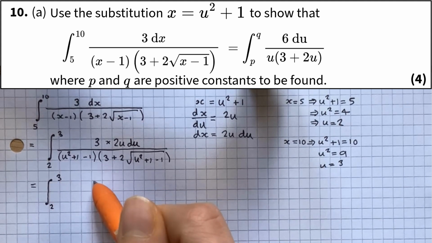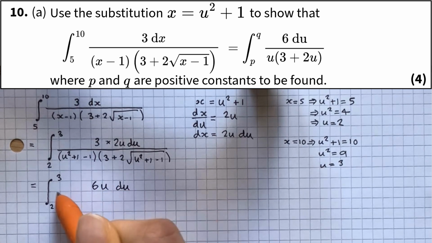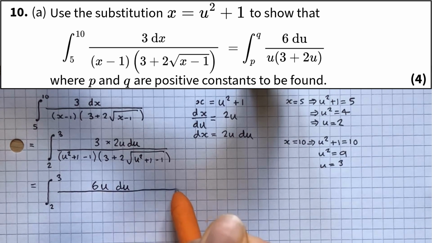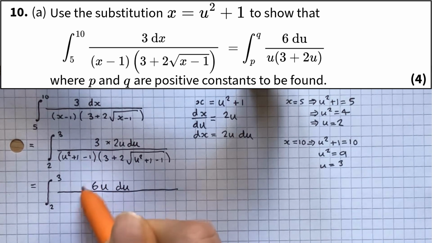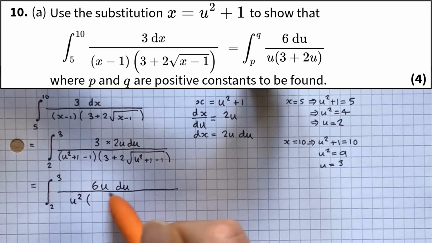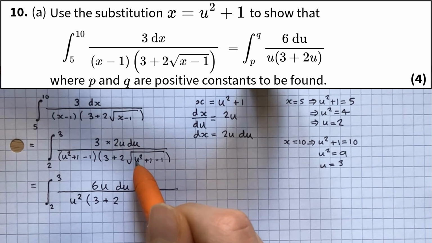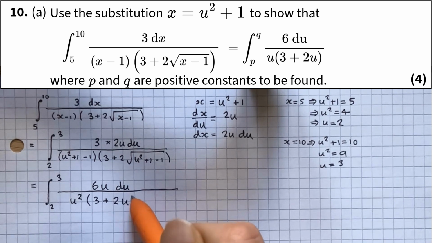So let's simplify a bit. The numerator will be now 6u du, and then in the denominator, the 1 minus 1 will cancel out. Similarly, underneath the square root, the 1 minus 1 will cancel out, so it will be the square root of u squared, and that will be just u.